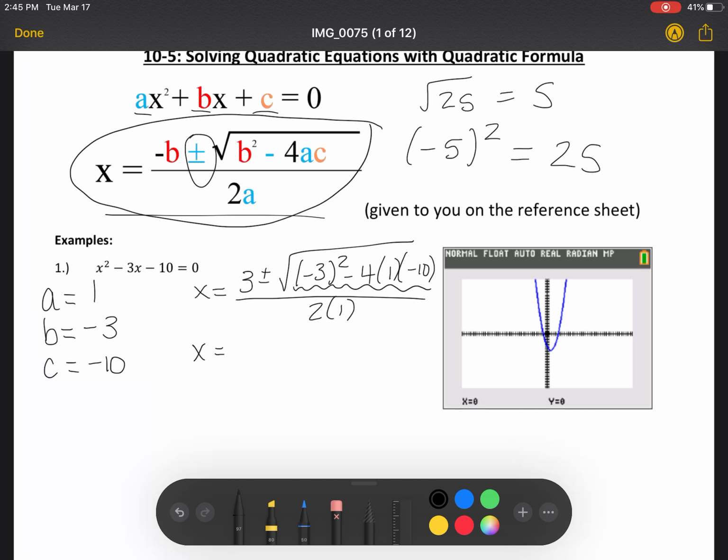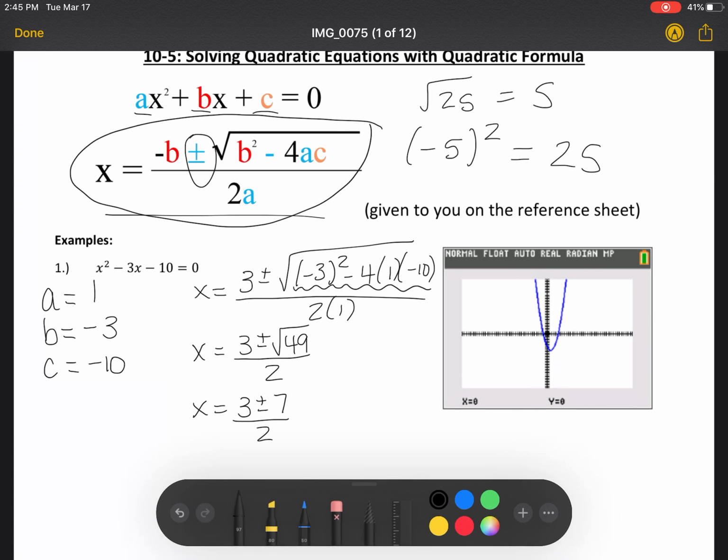So we're going to rewrite this as 3 plus or minus the square root of 49. And then I'm also going to evaluate this denominator. 2 times 1 is just 2. Now we can simplify this a little bit further by saying I know that the square root of 49 is 7. So that'll be 3 plus or minus 7, divided by 2.